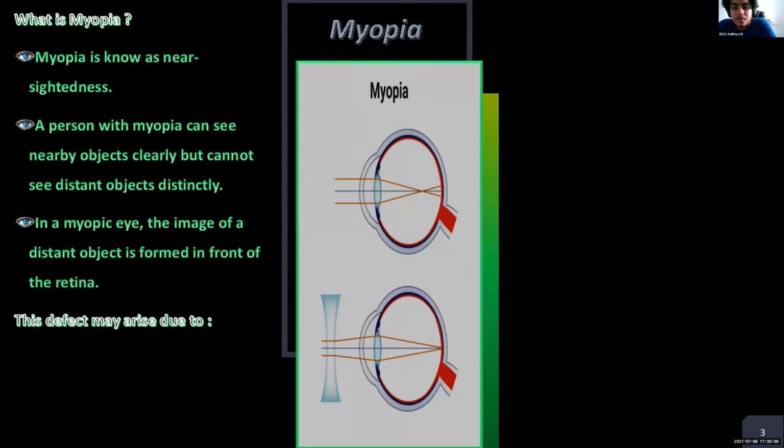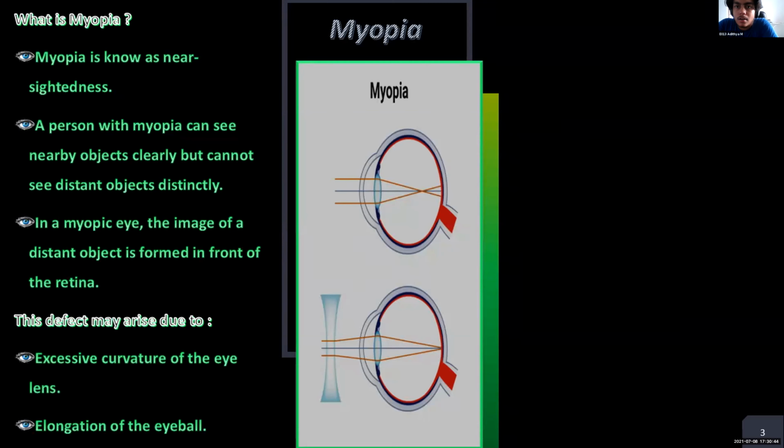This defect may arise due to, can someone tell how this can be caused? Any one reason? Okay, it can be caused due to the excessive curvature of the eye lens, and it's also caused by the elongation of the eyeball.